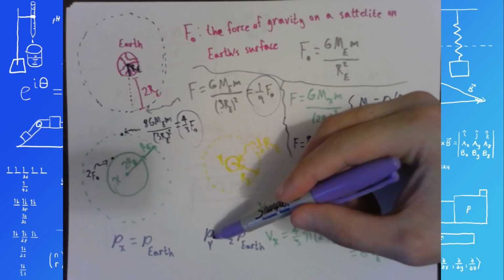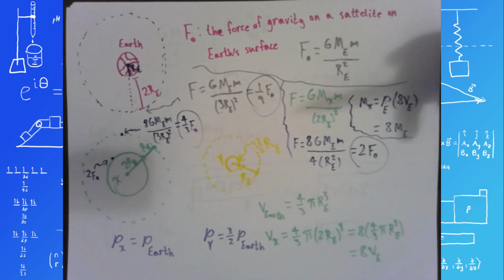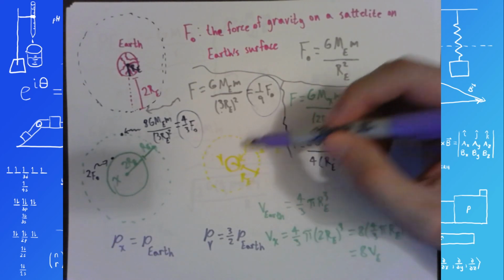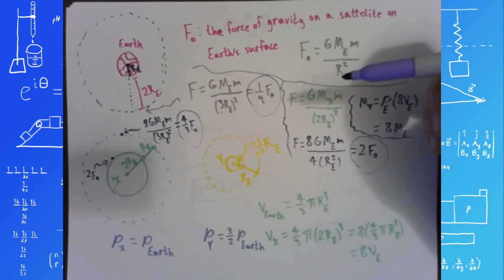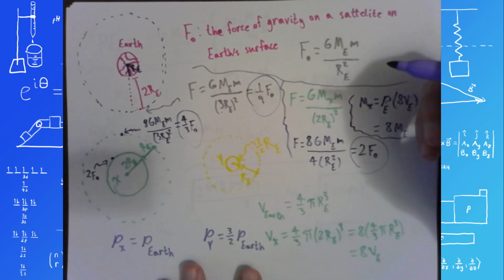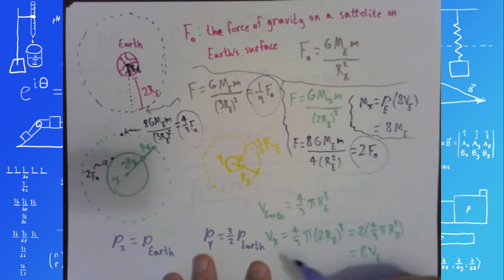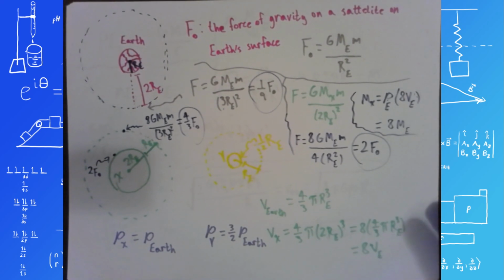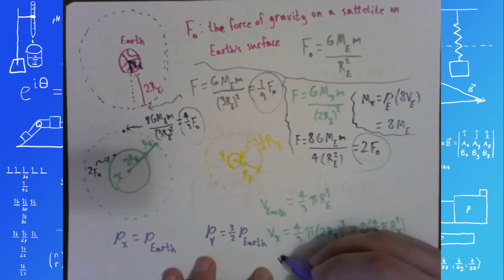We were told that planet Y has 3/2 the density of Earth. So let's see, volume of planet Y, if it's got 1/2 the radius of Earth, then how much the volume of Earth does it have? Over here I'll write Vy is equal to 4/3 pi.